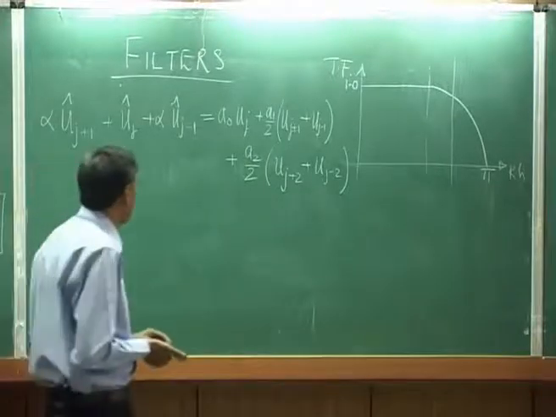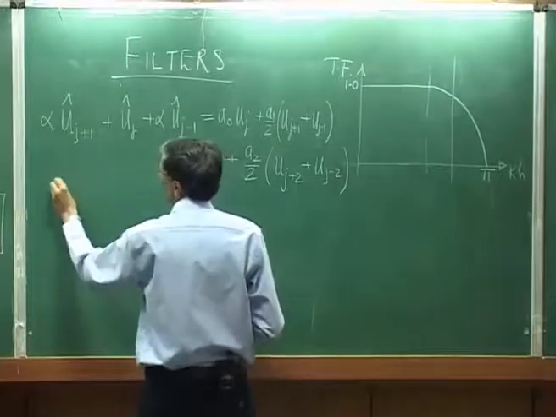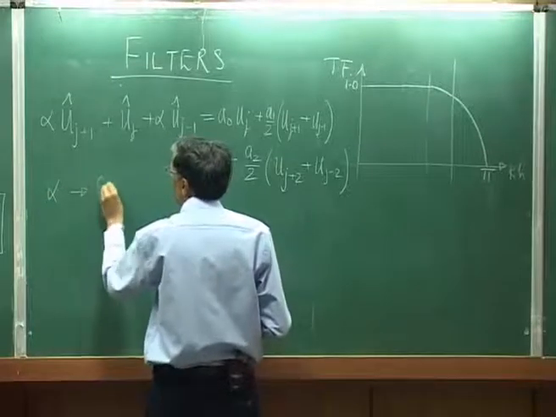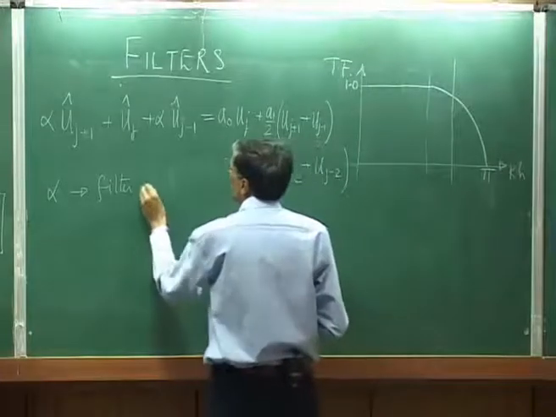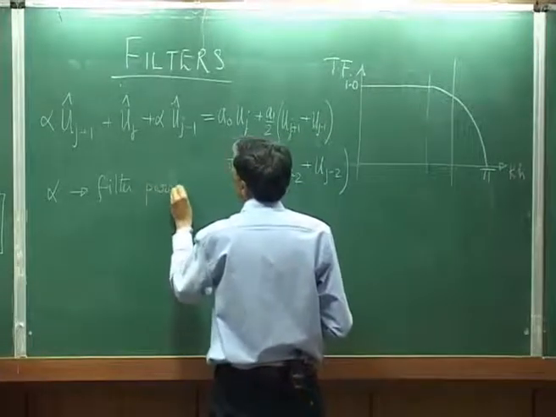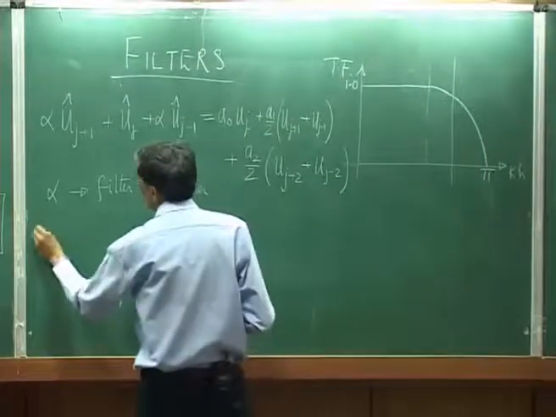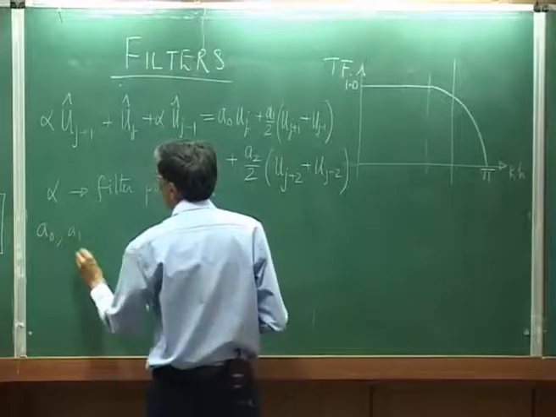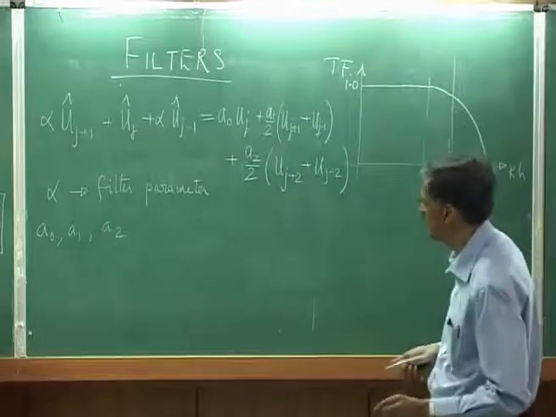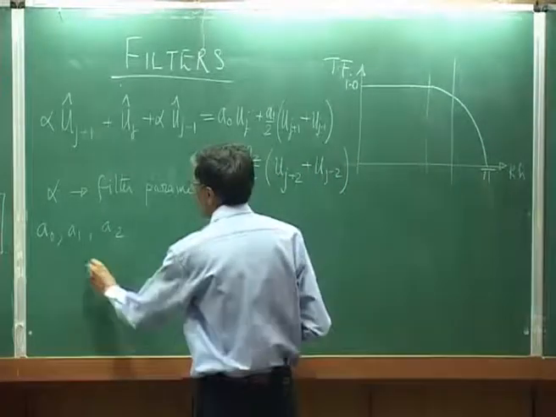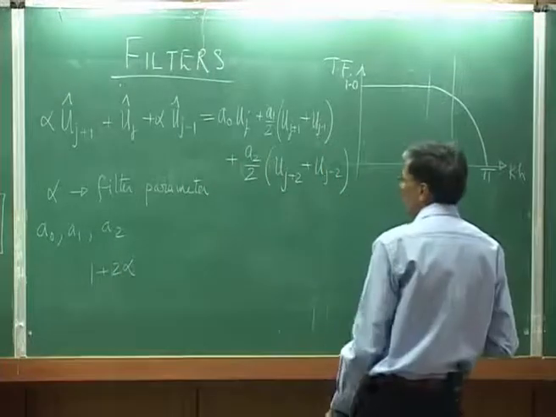It will do a couple of things. Now, keeping alpha still as the filter parameter, we are going to choose it freely on our own accord. That leaves us with the task of evaluating 3 unknown coefficients a0, a1 and a2, right? What will be the consistency condition here? Left hand side will have still the same thing, 1 plus 2 alpha. What do we get here?